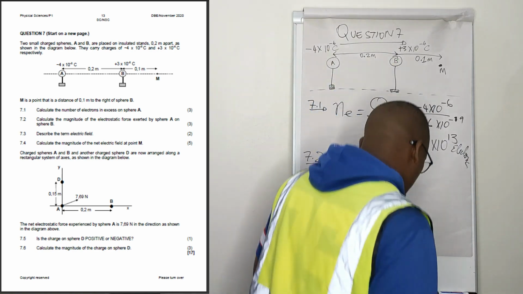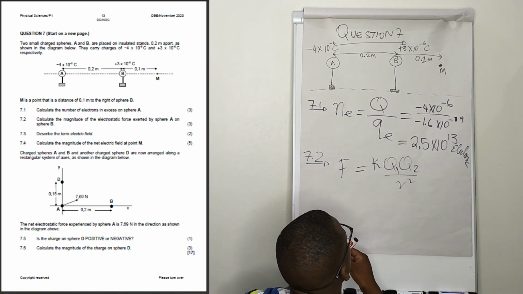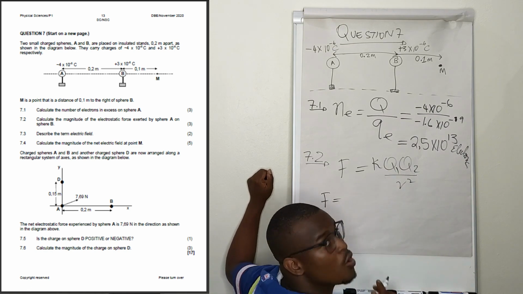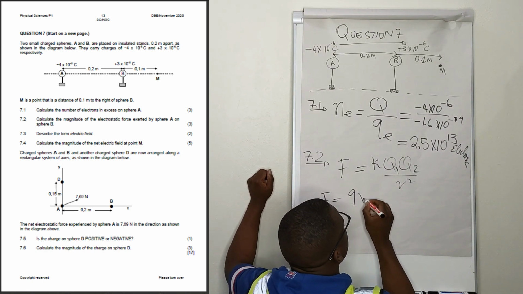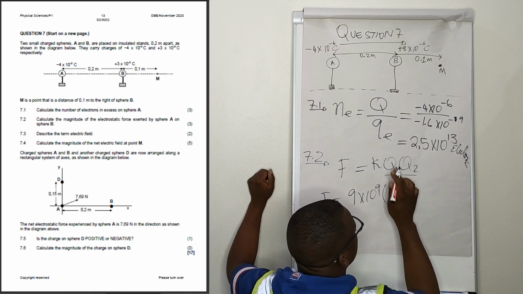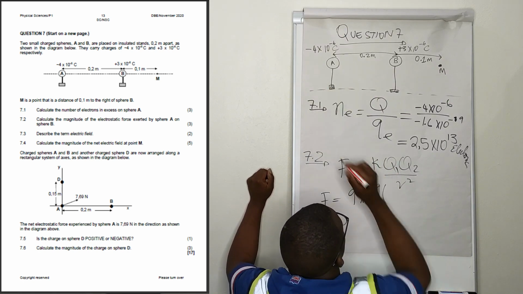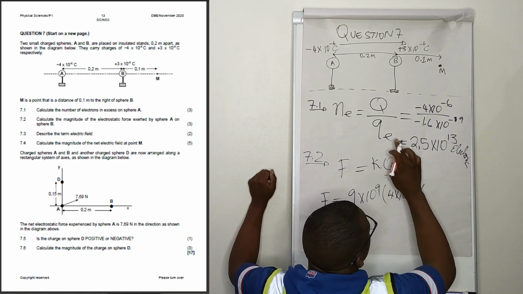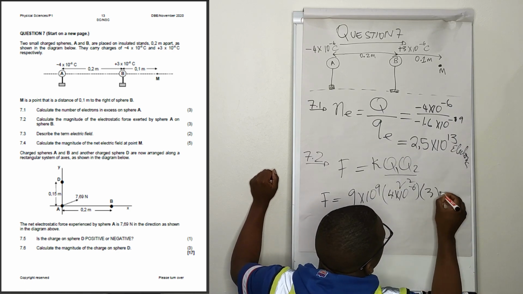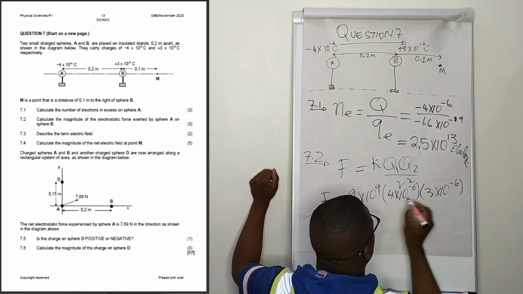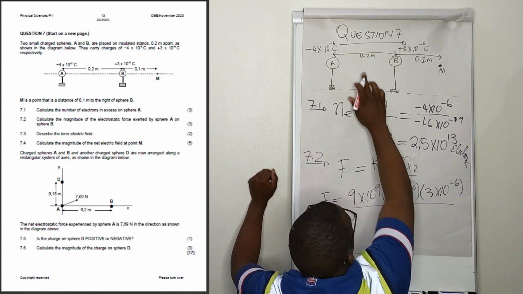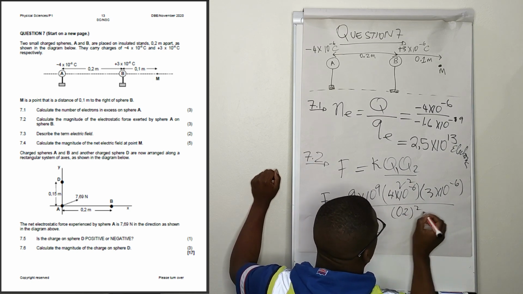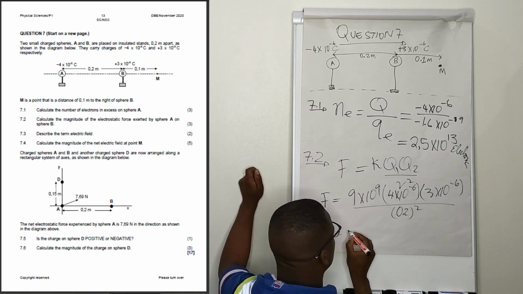So in this case, F is equal to k, which is Coulomb's constant, 9 times 10 to the power 9, times Q1, which is 4 times 10 to the minus 6, times the second charge, which is 3 times 10 to the minus 6, over the square of the distance between them. The distance is 0.2, squared.